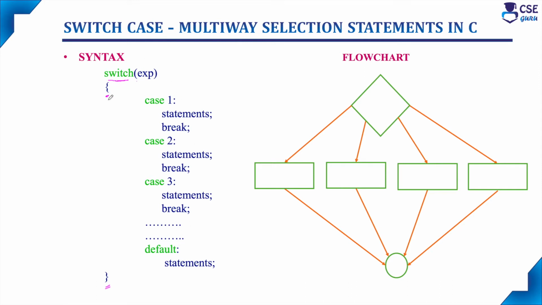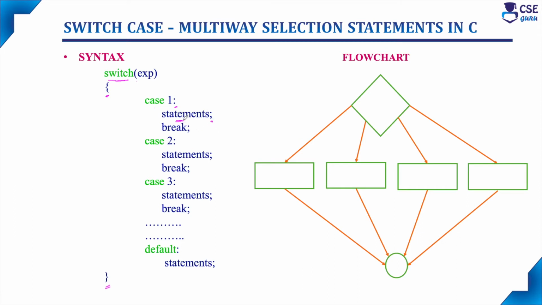Then after the curly brace, we specify the case statements, that is, case 1, and at the end of the case label we need to specify a colon. This is the syntax rule in C for the case statement. Then we can specify any number of statements, and each statement has to end with a semicolon.